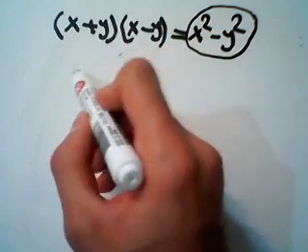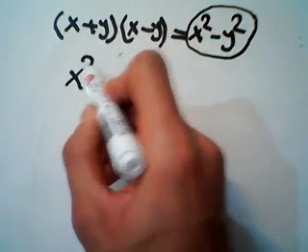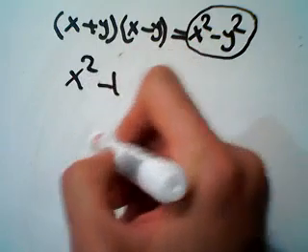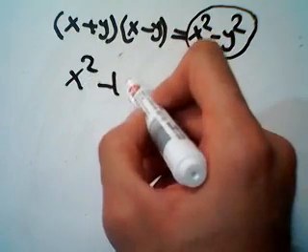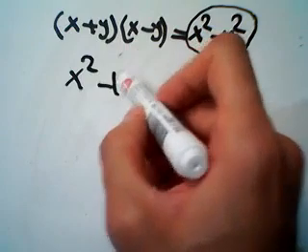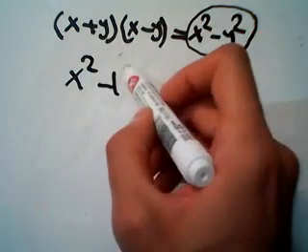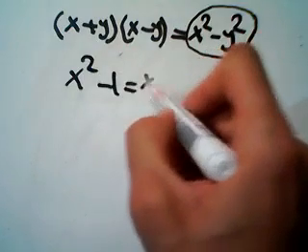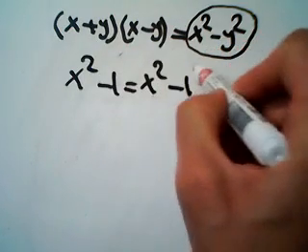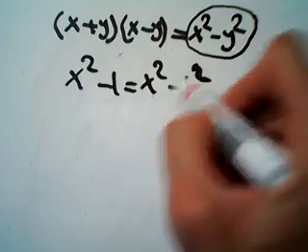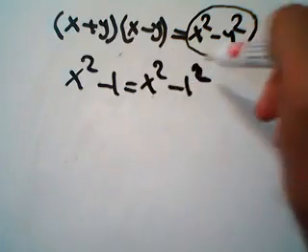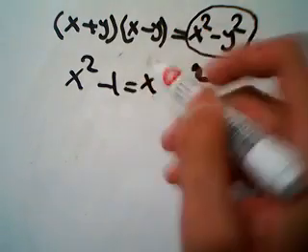For instance, factor x squared minus 1. This is of this form in which y is 1. This is x squared minus 1 squared, and 1 squared is 1 also.